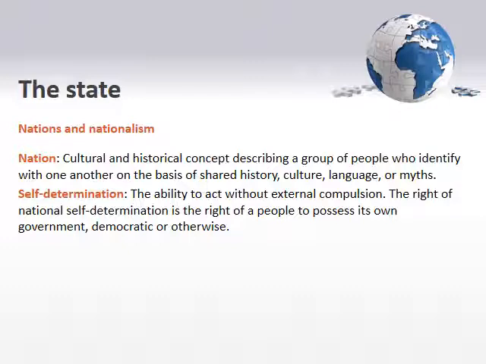We see that in Palestinian-controlled territories today. We see that in Kurdish-controlled territories, where many people are seeking self-determination, seeking independence based on their national identity. And we also see this to some extent in the United States with those groups that might want to pull away from the United States.